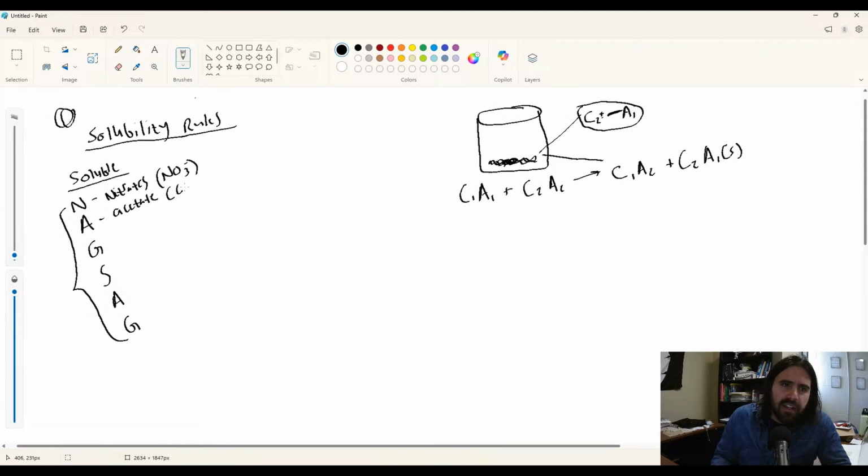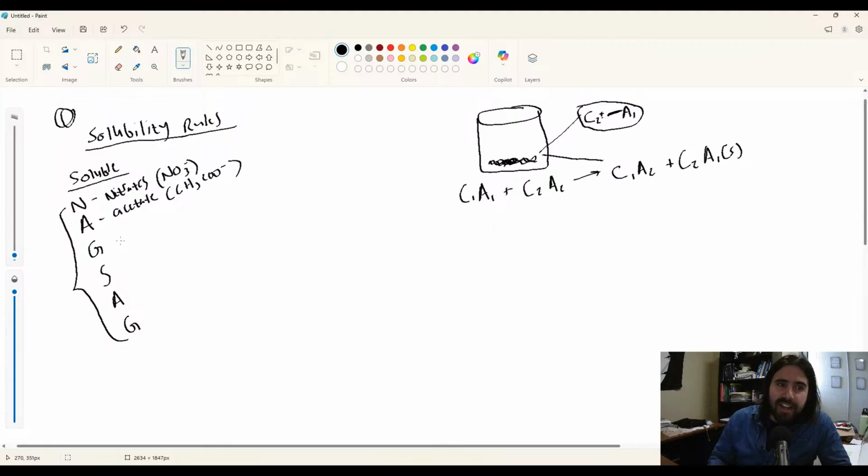That looks a little something like this, CH3COO. The charge on this one is, I want to say it's -1, but I don't want to lead you guys astray here. Yeah, it's just a -1. So anything with a nitrate, anything with an acetate anion, that's going to be soluble in water.